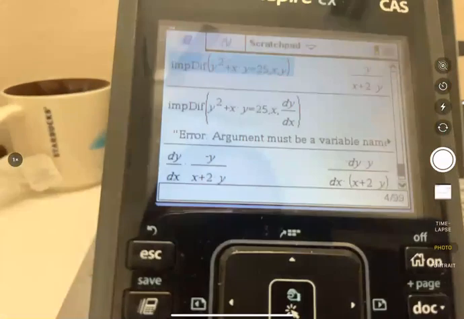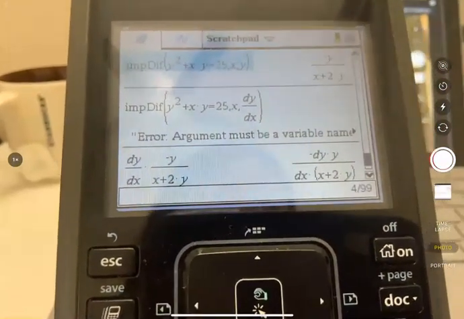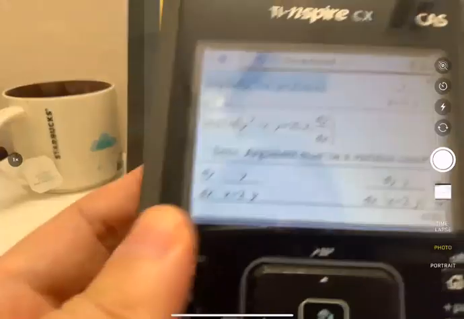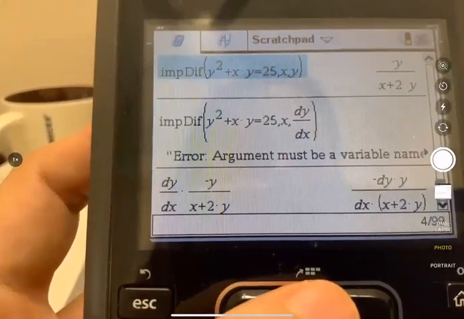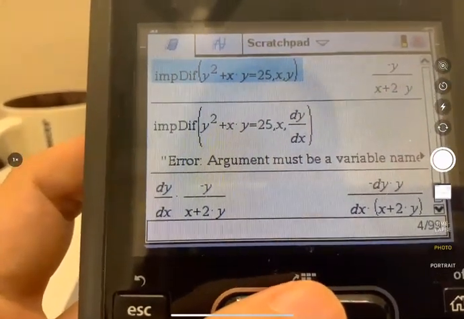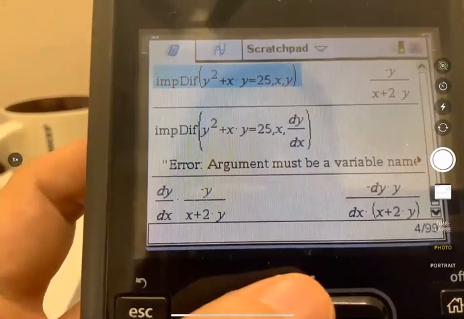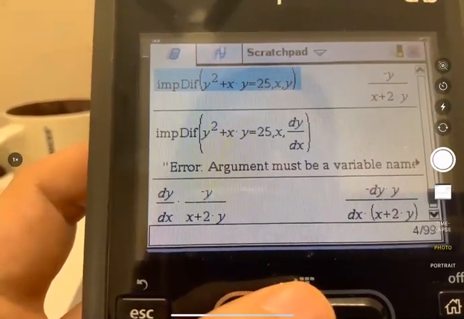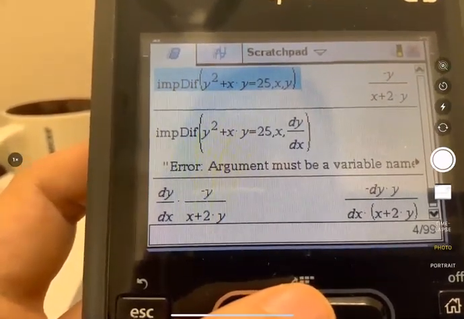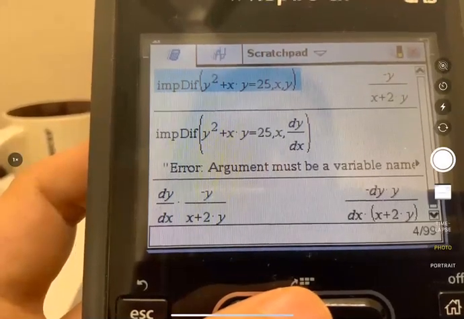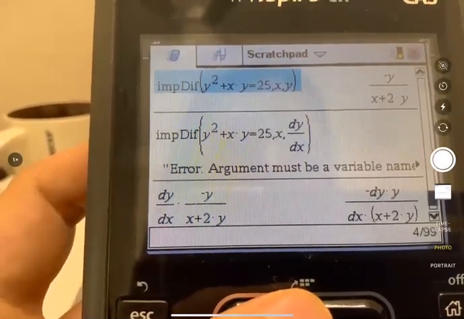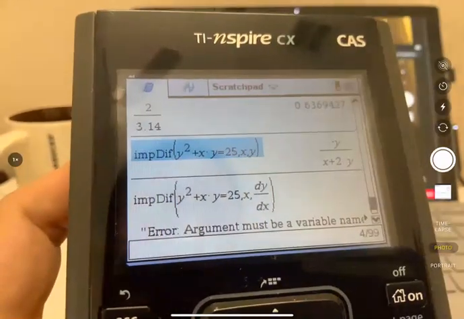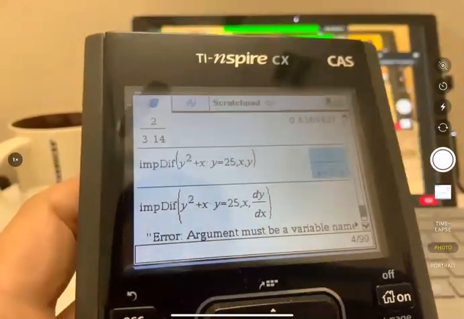So here, you see, they have this one, implicit differentiation, y squared plus xy equals 25, comma x, comma y. Okay. You see here, they have this option. That's why they can do this by calculator, give this answer here. You see?